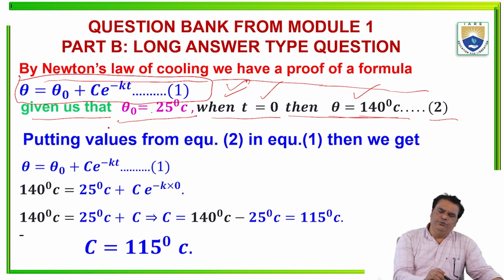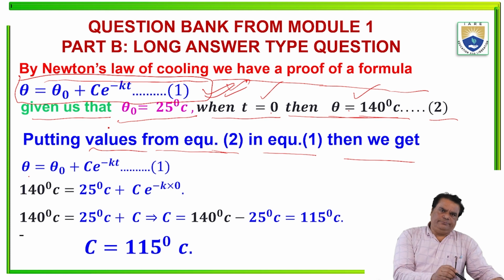All three values, theta naught is 25 degrees, t is 0 and theta is 140 degrees, we put in formula 1, putting values from equation 2 in equation 1.